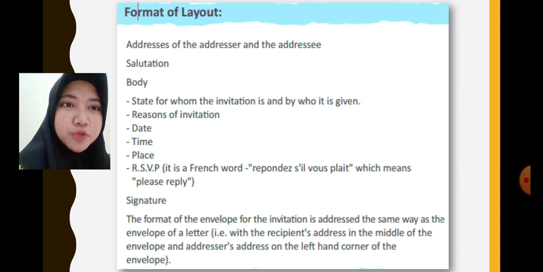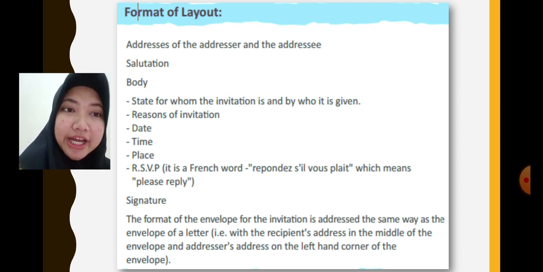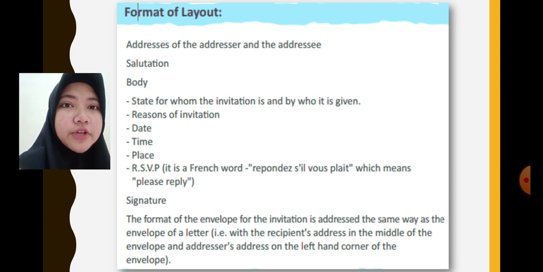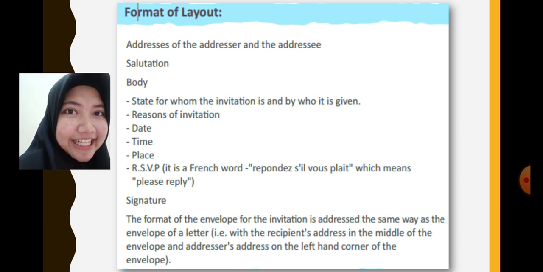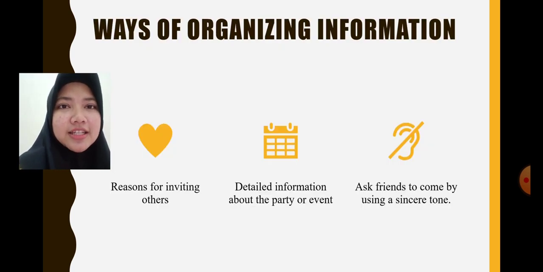It is a French phrase, répondez s'il vous plaît, which means please reply. Then the signature. The envelope for the invitation is addressed the same way as the envelope of a letter, i.e. with the recipient's address in the middle of the envelope and the addresser's address on the left-hand corner. Okay, let's move on to the next slide.